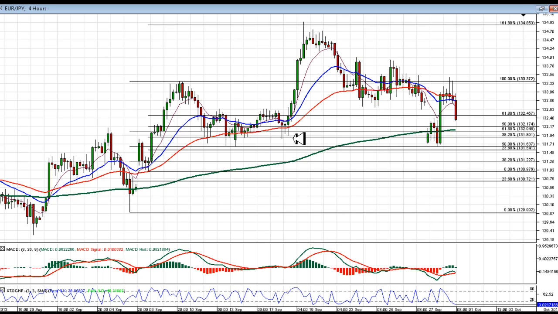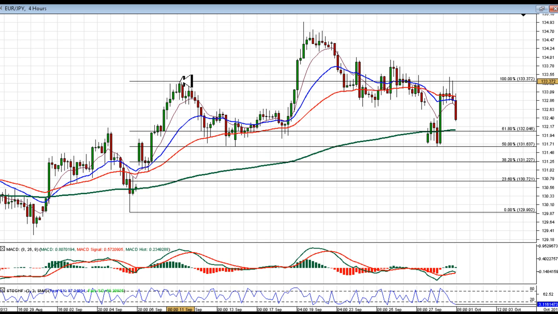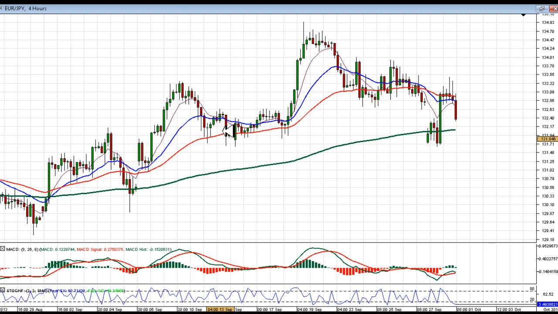Until we breach that, until we push down and close below these areas down here, the trend is intact and we are going higher. Okay, so just using those tools to help you identify areas of reversals when you're trading with a trend.